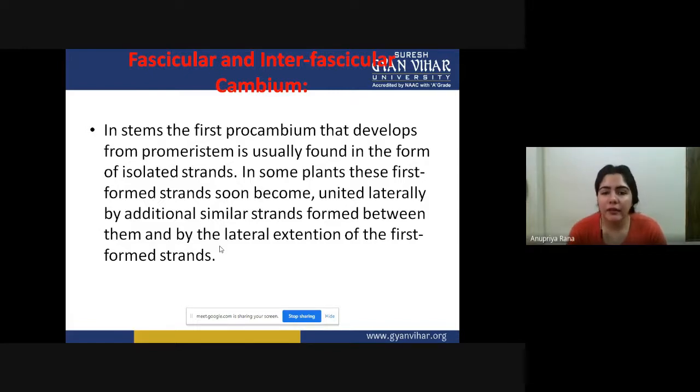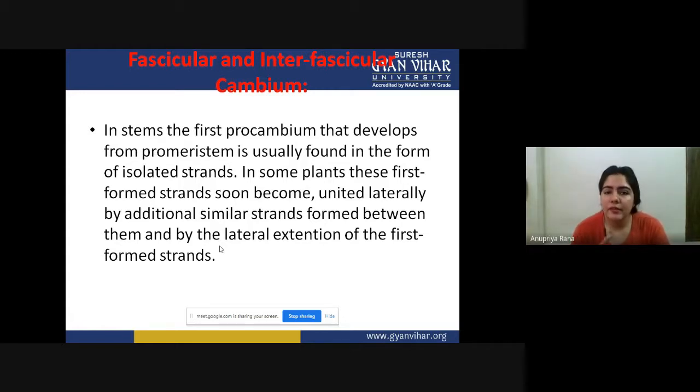So in some plants, these first formed strands soon become united laterally by additional similar strands formed between them and by the lateral extension of the first formed strands. Now what happened? For secondary growth formation, we need these isolated strands to be present together in a ring formation.